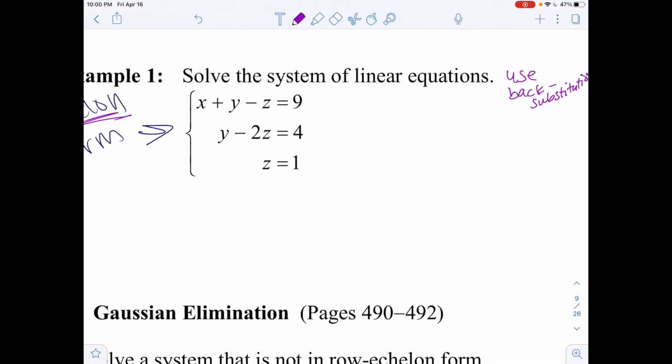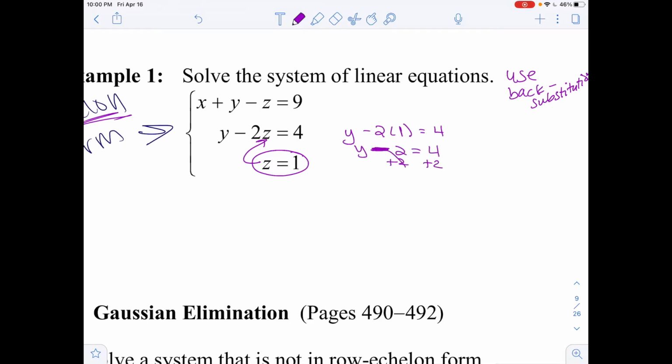to solve these variables. What's cool about this is you can see it's in that stair-step pattern that makes it row echelon form. And we have a solution, z equals 1. So when we back substitute, we're going to substitute this backwards, meaning going upwards instead of forwards. If y minus 2 times z, which is 1, equals 4, then y minus 2 equals 4.